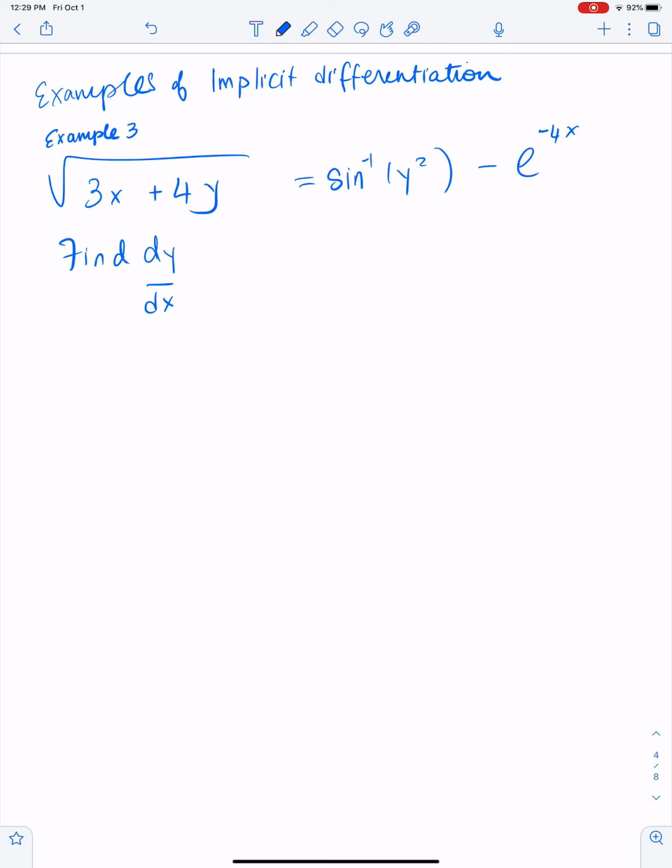Okay, so the first example, we have this relation between x and y, and we want to find dy/dx. So let's take a look. What we need to do is go from left to right and differentiate both sides with respect to x.